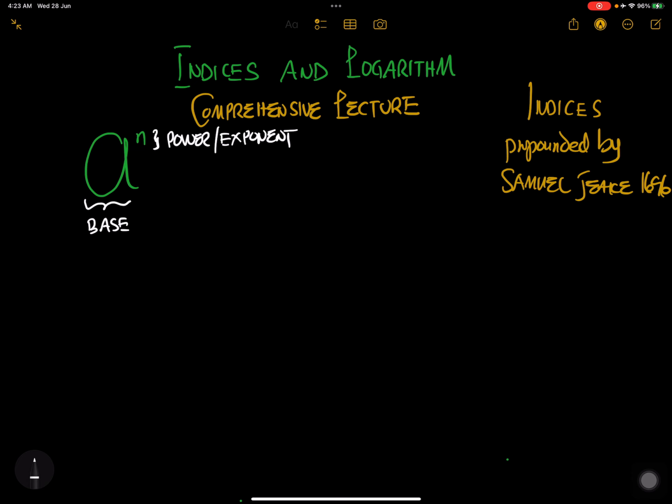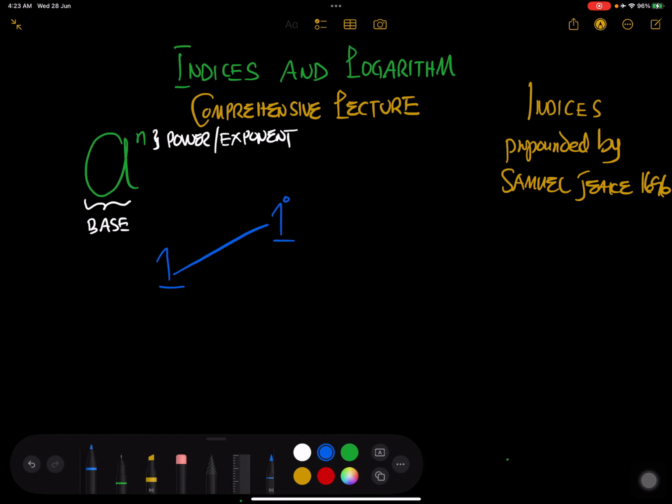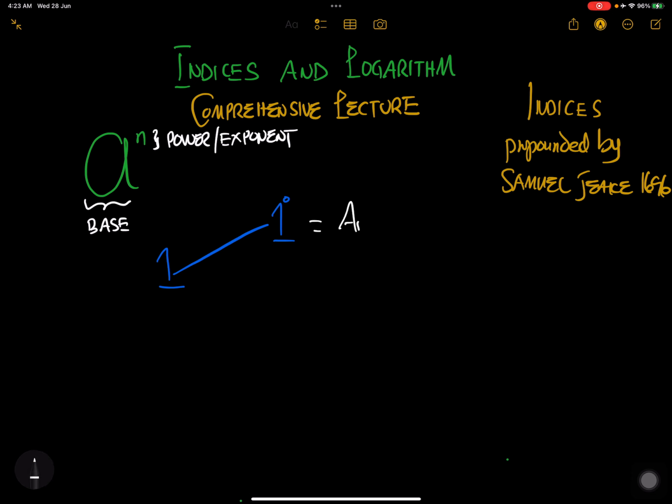So we'll be looking at some of the properties of indices. If we want to look at the number one, for example, we can write one as an index in terms of 1 to the power of 0, because any number raised to the power of 0 will give you 1.